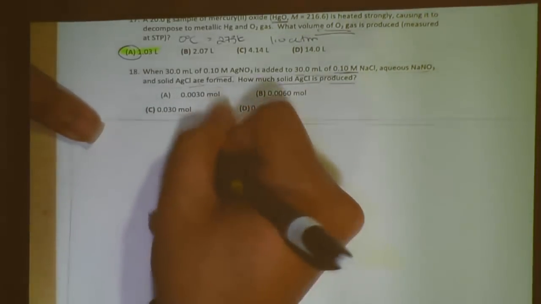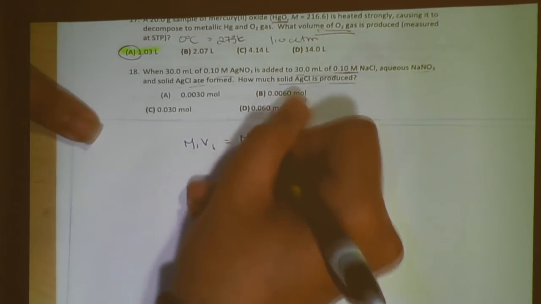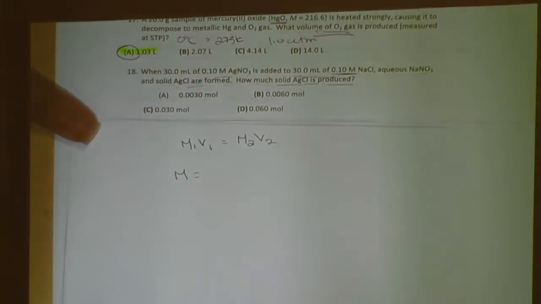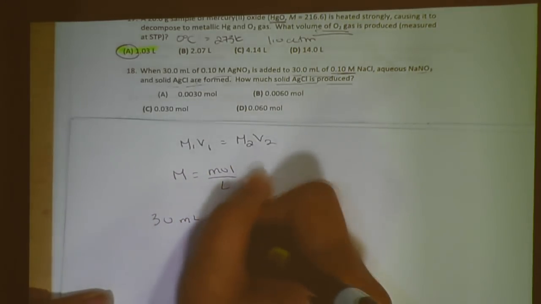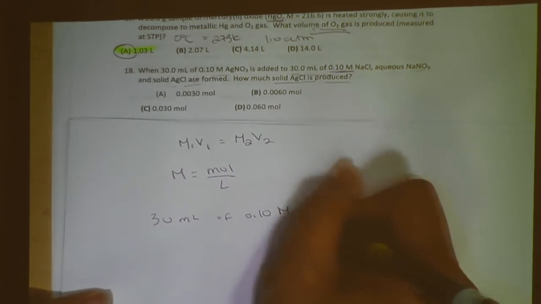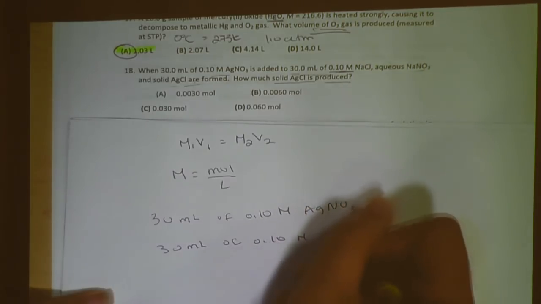So the equation that we have is M1 V1 is equal to M2 V2. Or we know that big M, or molarity, is equal to moles per liter. So you have 30 milliliters of 0.10 molar AgNO3 and 30 milliliters of 0.10 molar NaCl.